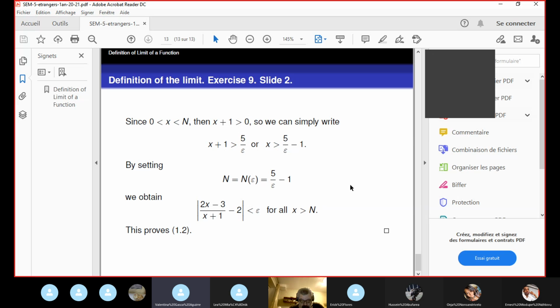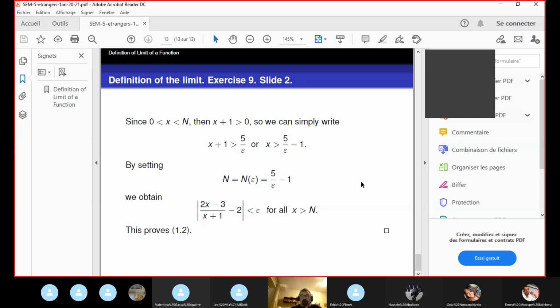No, Valentina, it's not a function. You have two sequences, x sub n and y sub n. And the limit of the product is zero. Okay? So can we say, it's a question, that in this case the limit of x n equals the limit of y n equals zero? Is it right or not?